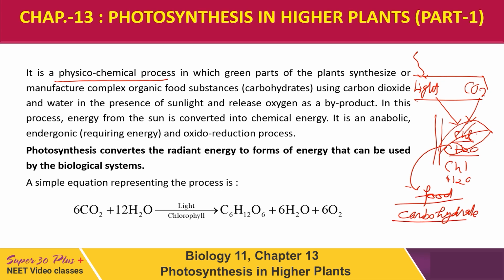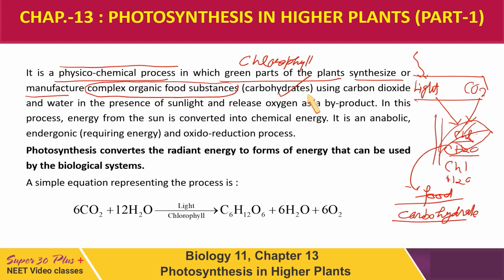Is it clear? Can you summarize it? This is a physico-chemical process. Green parts of the plants means those which have chlorophyll. Green parts of the plants, what will they do? They synthesize or manufacture complex organic substances in which carbohydrate is one main thing.